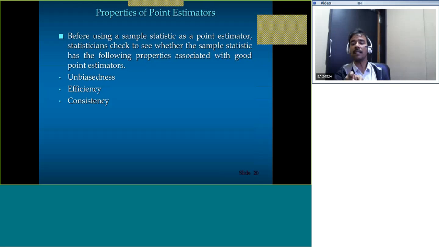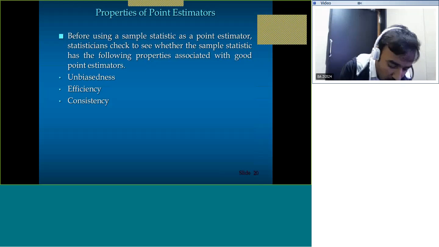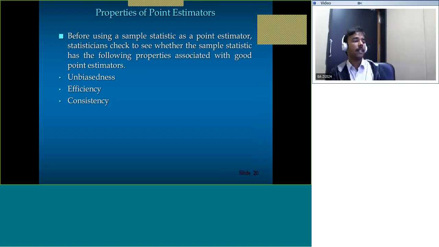But the sample statistic which you calculate for a sample need not be a constant. It is a random variable, varies from sample to sample. That's why the sample statistic is a random variable, depending upon the sample we take. Now I'll ask you a few questions. Before that, I tell you that the sample statistic is known as an estimator, a point estimator.